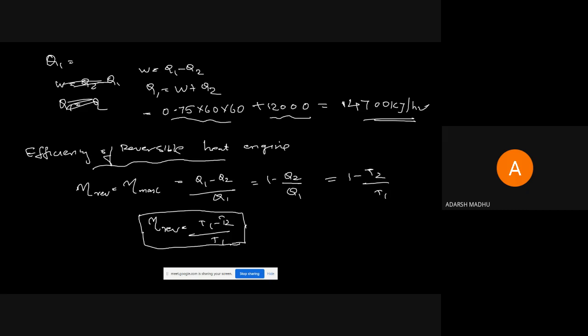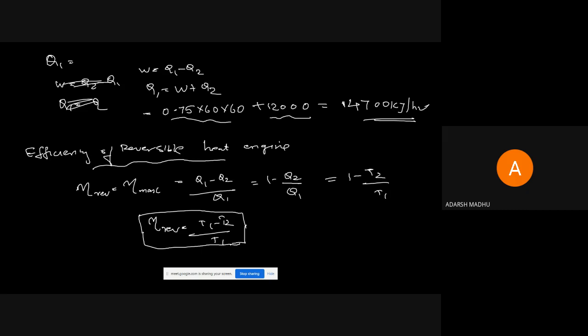T2 means the temperature of the colder body, the sink. T1 is the temperature of the higher body, the source. When T2 decreases or T1 increases, the efficiency of the heat engine increases.